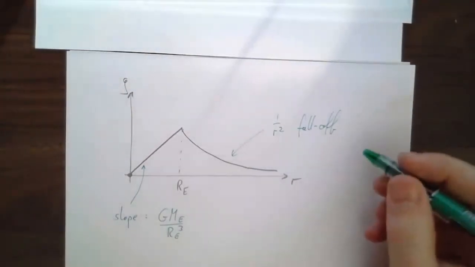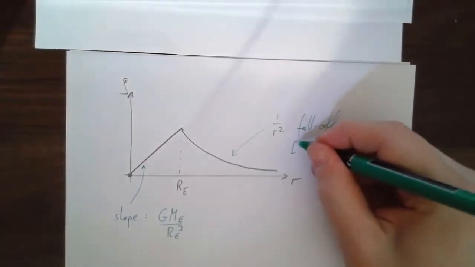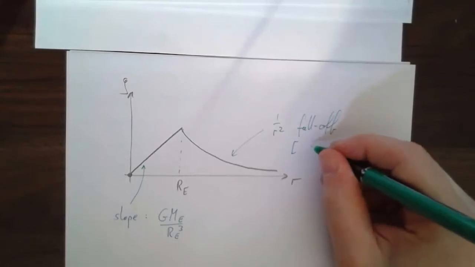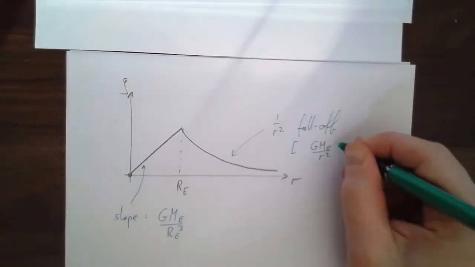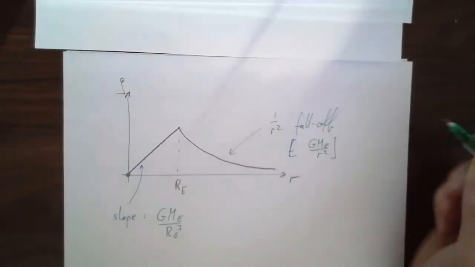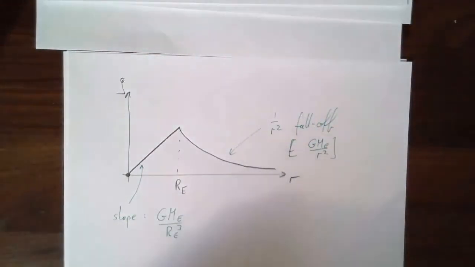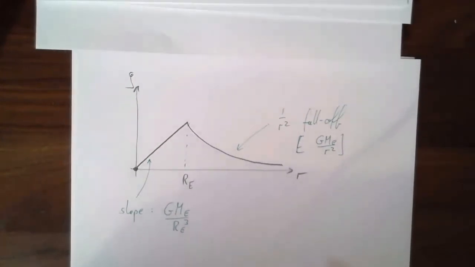Right, this is just Newton's law of gravity, G M_E over r squared. There's no longer any dependence on the mass inside, no longer depends on the radius once you're outside the Earth.